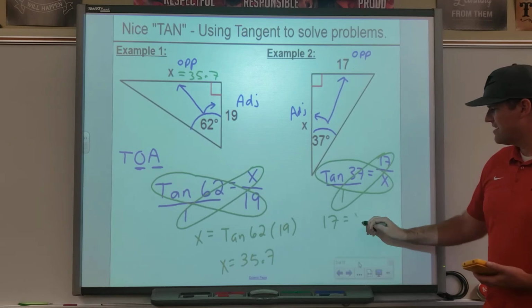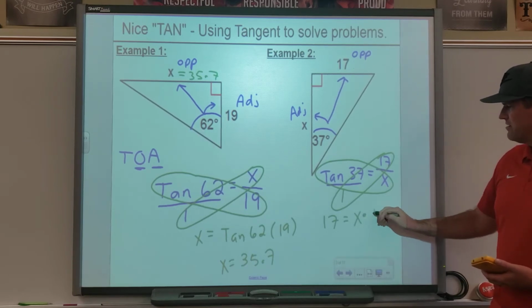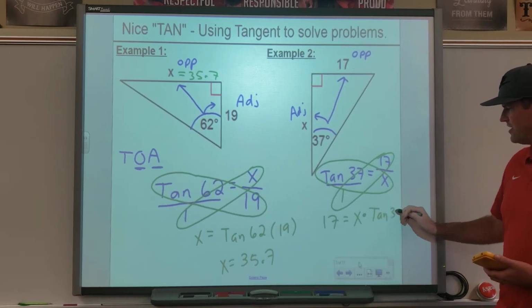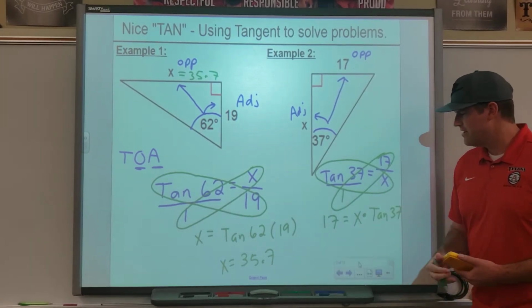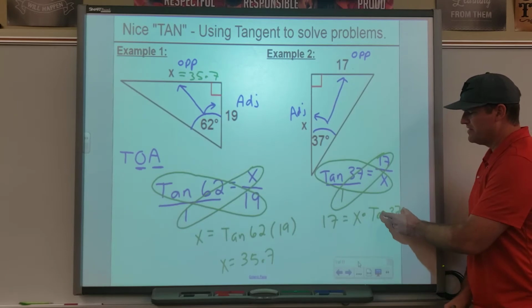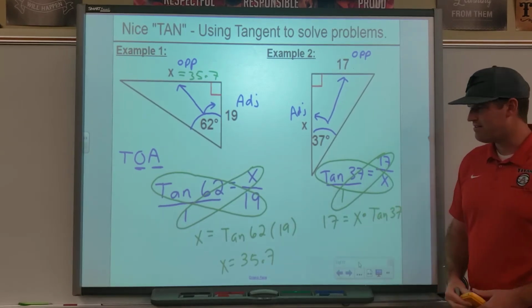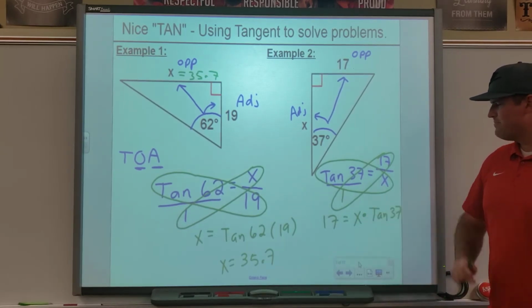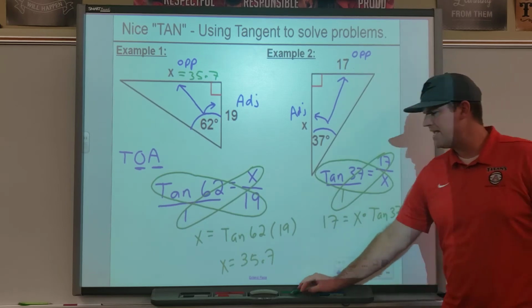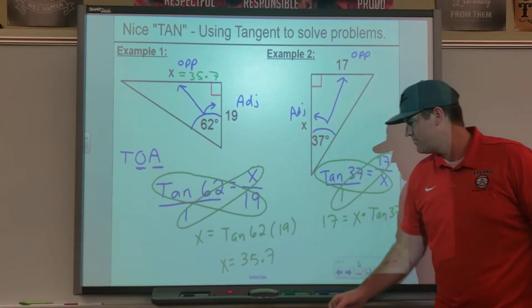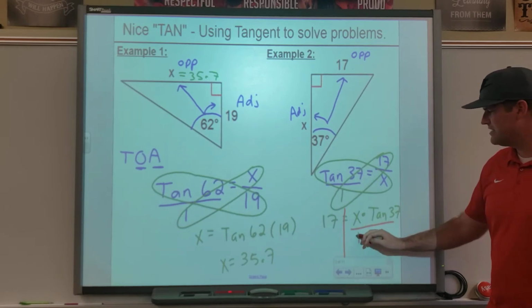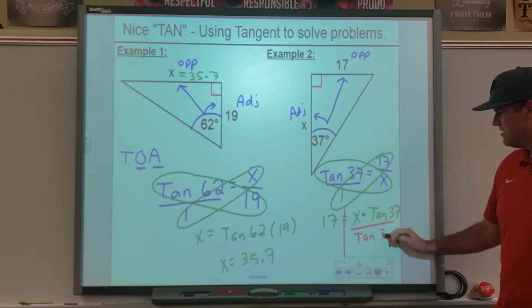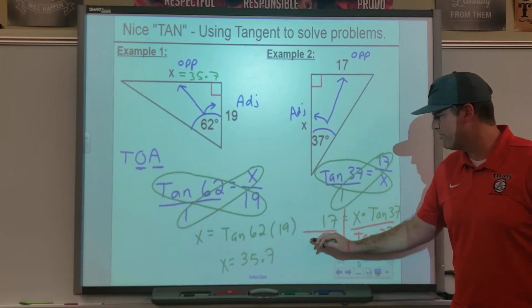So I'm going to write this as x times tan 37. And your teacher might show this a little bit differently, but the bottom line is we're multiplying the tangent of 37 times x. Okay, well that doesn't give me what x is, but how can I get x by itself? Well, because this is getting multiplied, I can simply divide by tan 37 on both sides.